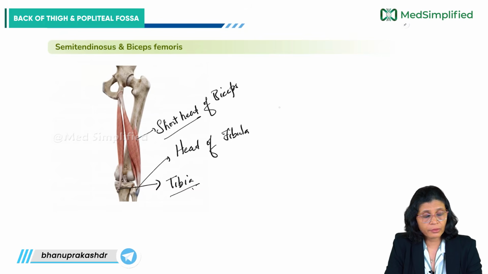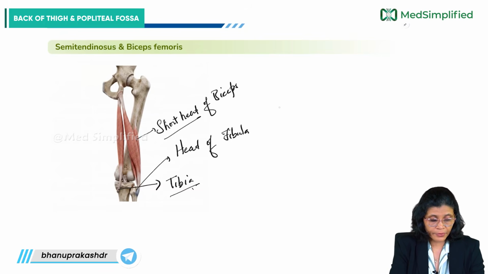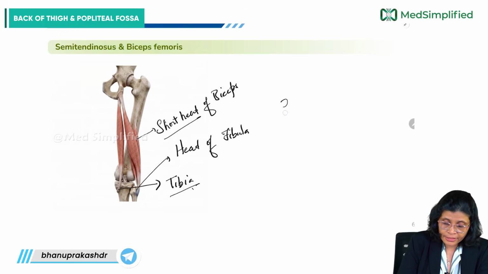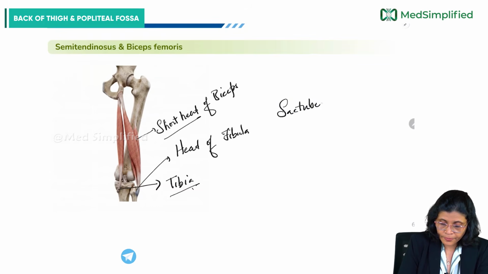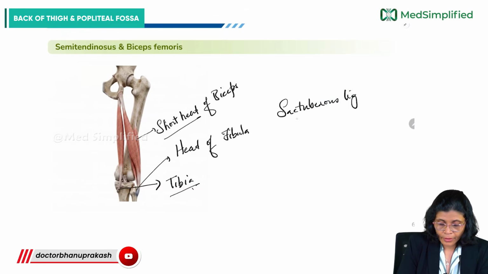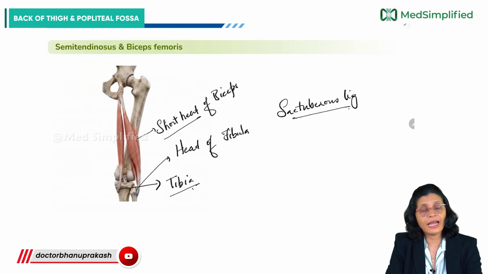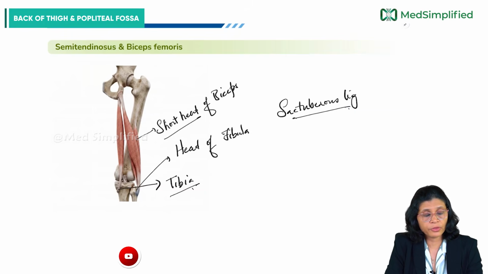That is because morphologically we consider the sacrotuberous ligament as the original origin of the biceps femoris muscle.